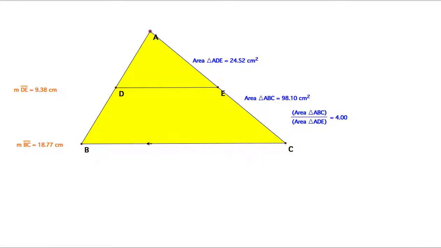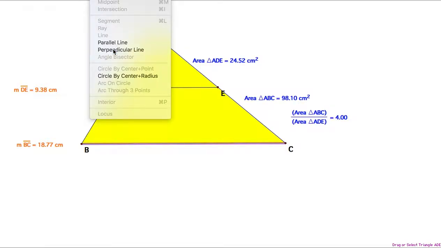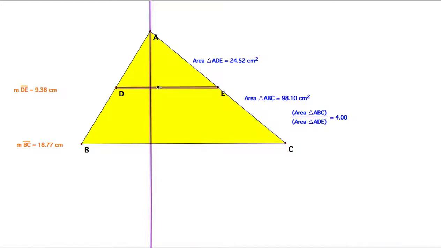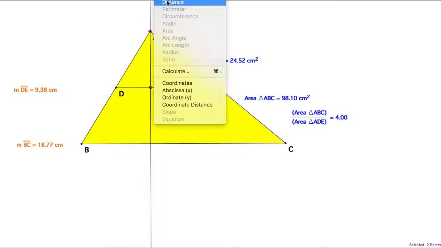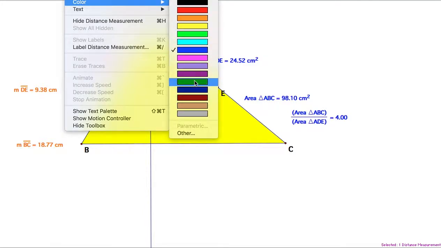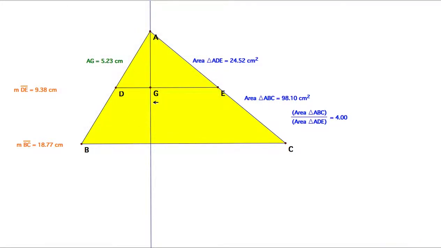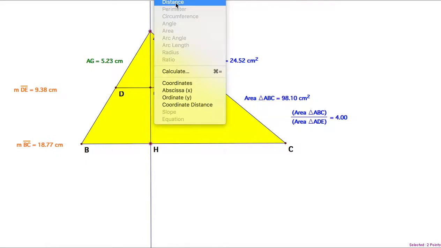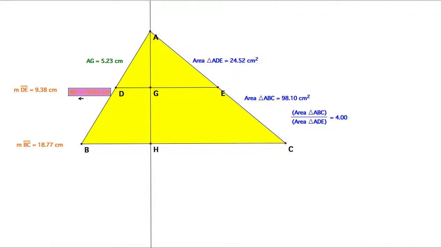And if I look at the height of this little triangle, let's just set that up. We can find the height of this little triangle. We found the height of the little triangle was, let's change the color here for you, 5.23, whereas the height of the big triangle was 10.45.